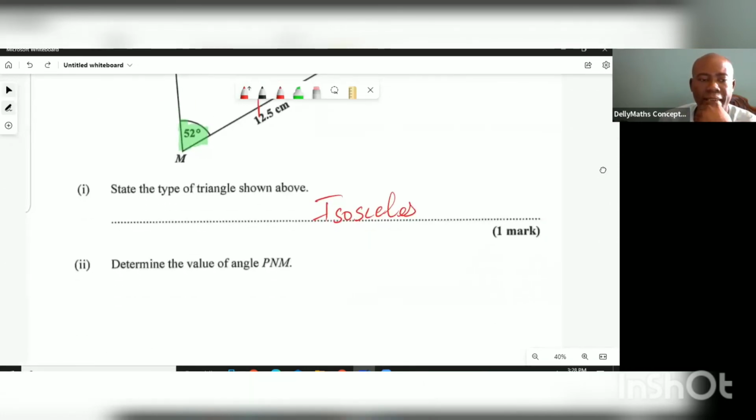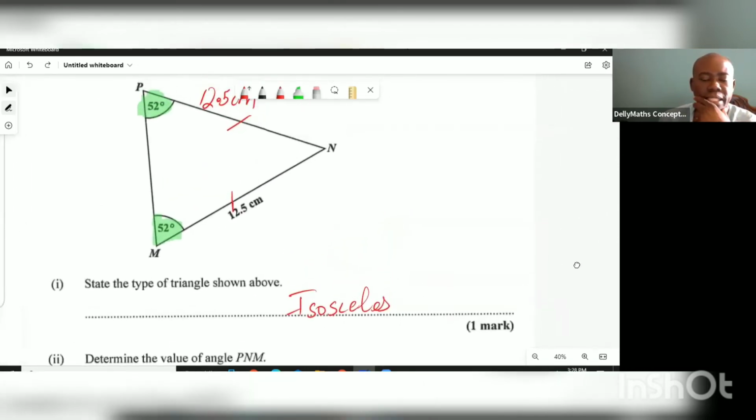Determine the value of the angle PNM, which is this angle right here. If I'm going to find that angle there, there are only 3 angles in a triangle, and I know 2. All right, so the third angle can be found by doing this. So we're talking about the angle PNM. This is going to equal 180 degrees, subtract the sum of 52 plus 52.